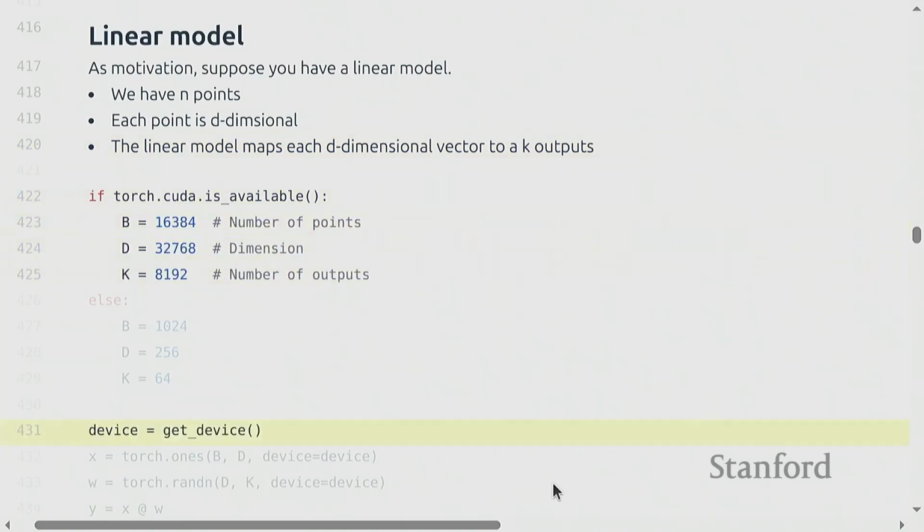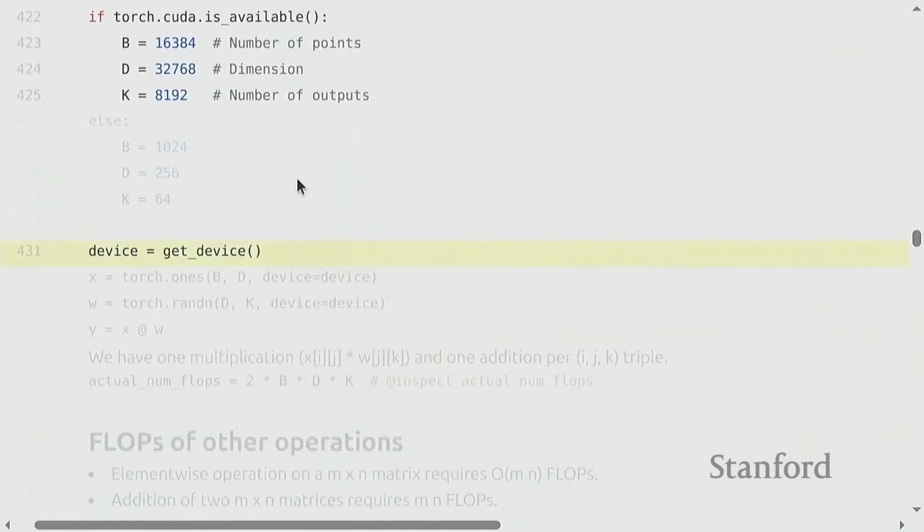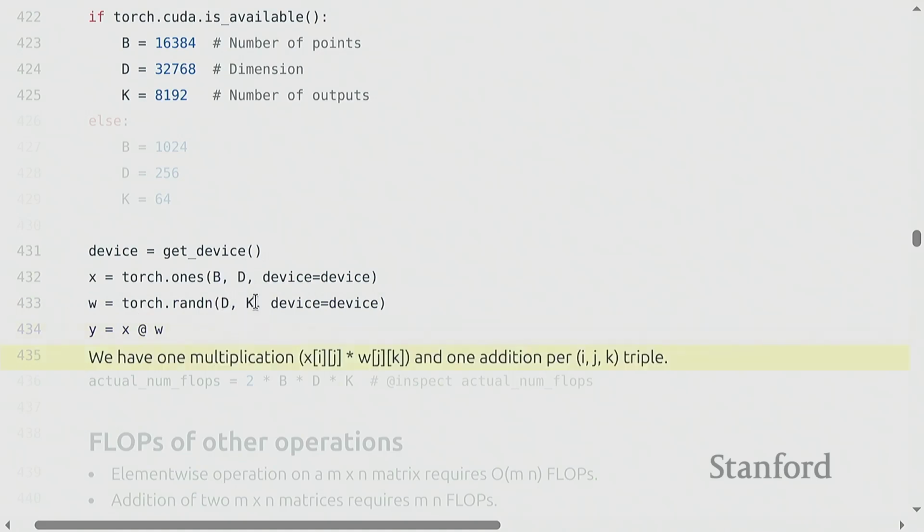So let's set some number of points, b, dimension d, k is the number of outputs, and let's create our data matrix x and our weight matrix w, and the linear model is just a matmul, so nothing too interesting going on.